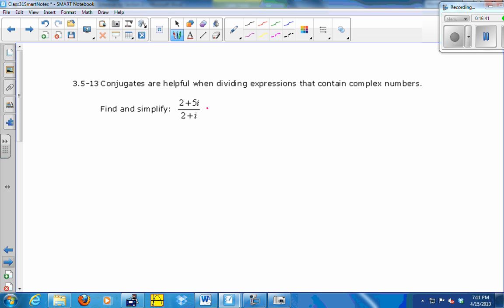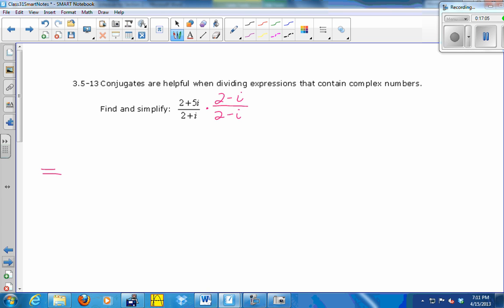So I can multiply the top and the bottom by 2 minus i, and it's legal because I'm really multiplying by a fancy form of 1. 2 minus i over 2 minus i is just 1. And the reason it helps is because it's going to make my denominator a strictly real number. It's going to get rid of all the i's in the denominator.